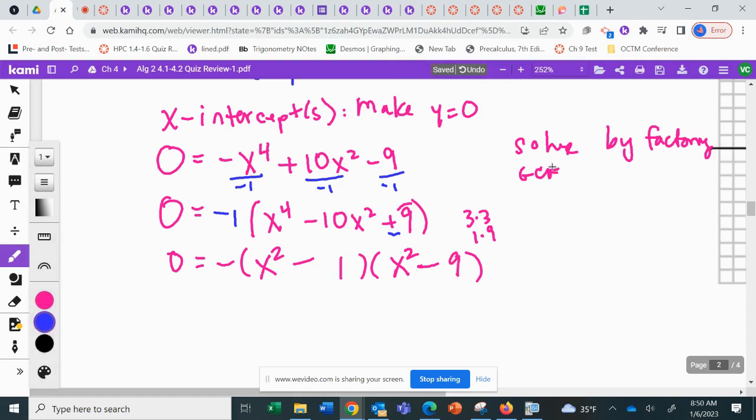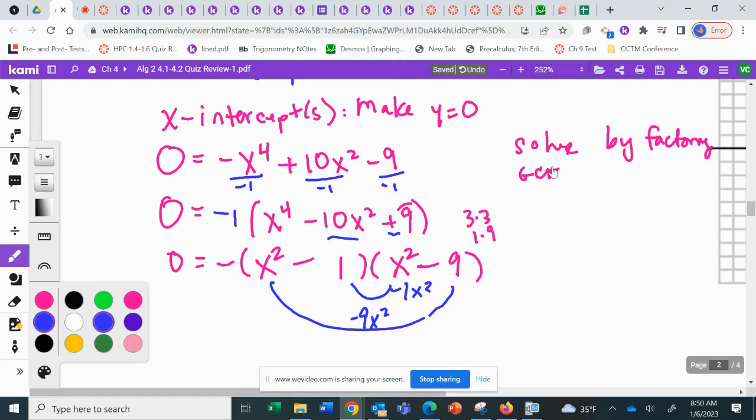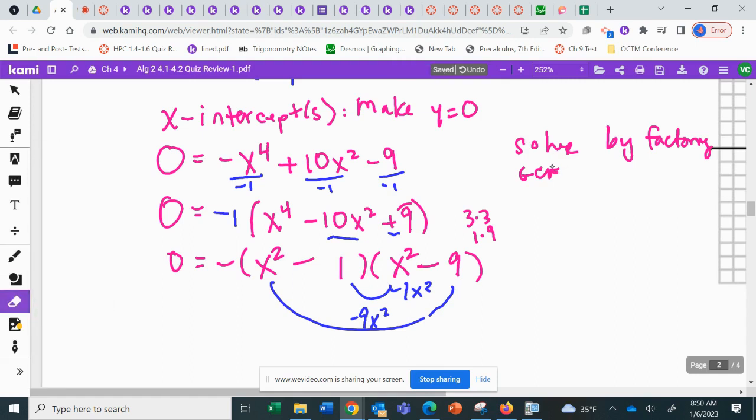So we guess it, and then we check it, and we say, that's -9x squared. That's -1x squared. Do those add up together to give me -10x squared? Yes. So we have the correct one. I'm just erasing the check so I don't have to use space.